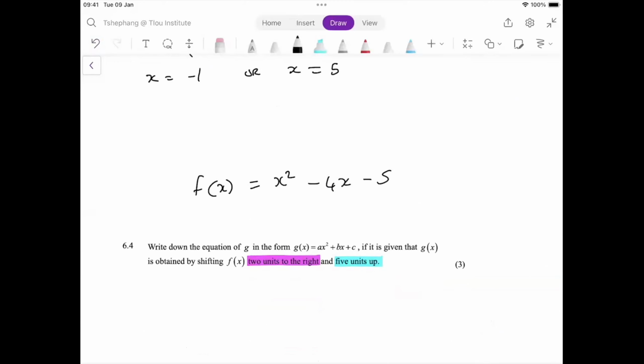I'll give you guys 45 seconds to attempt that question. Do attempt it. Even if you don't get it right, please do attempt it. We're going to mark it together just now.